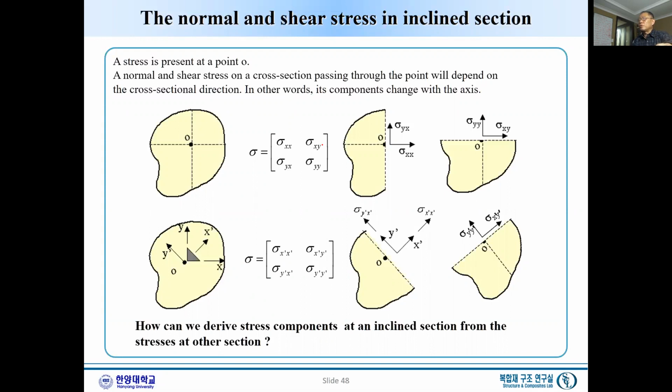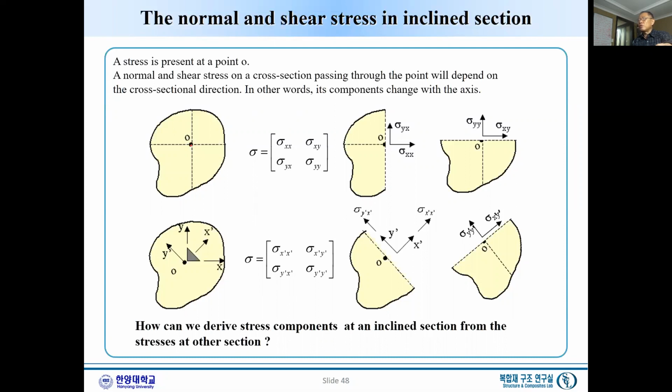And one of the most important points in stress definitions, again, defined at a point, is that we need to be able to transform the stress. Again, we have to be very careful about the definition of stress transformations.